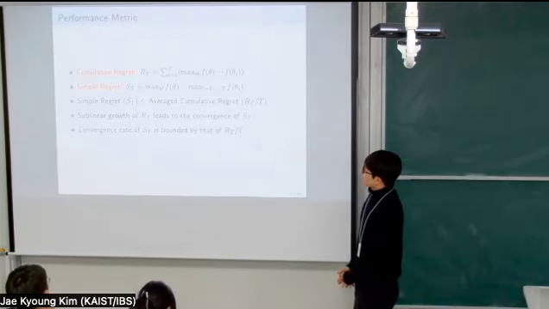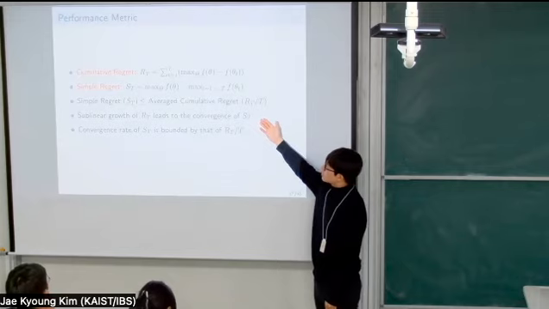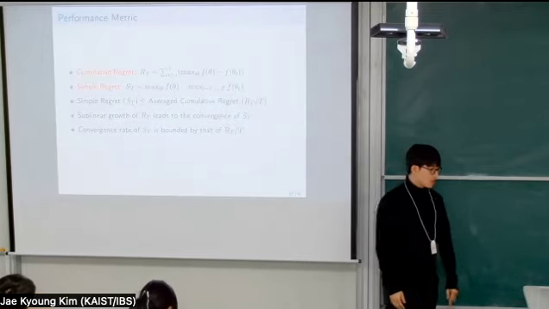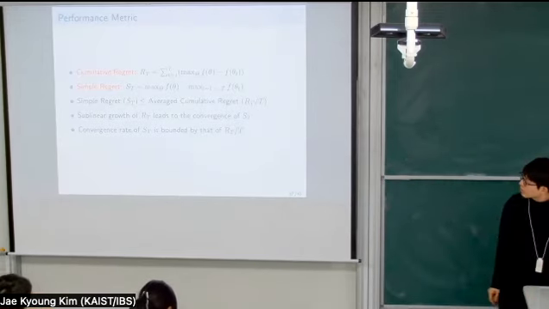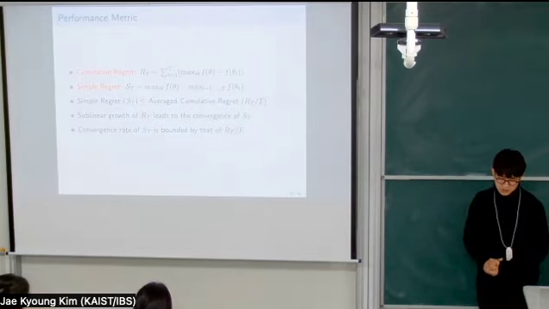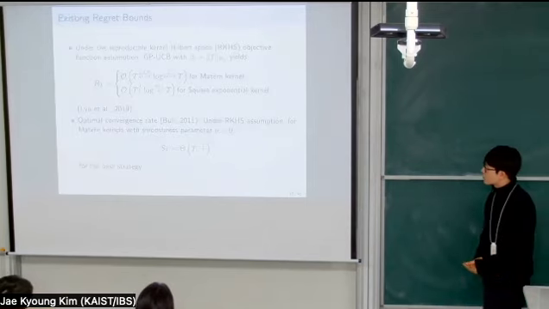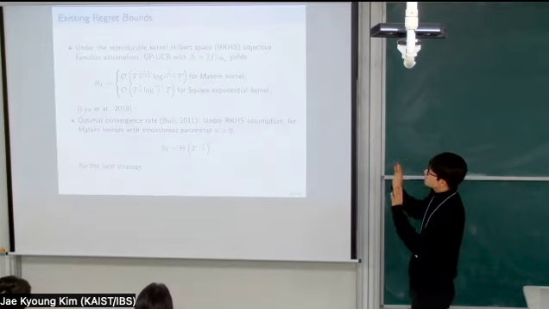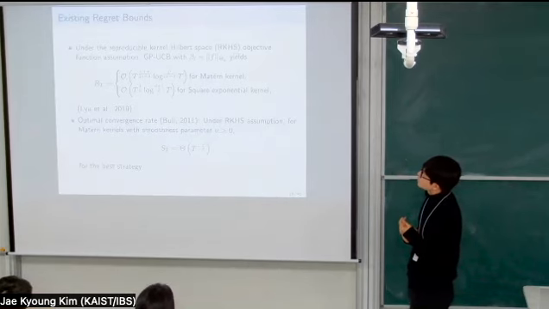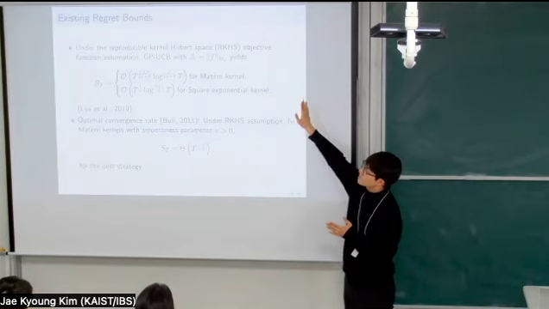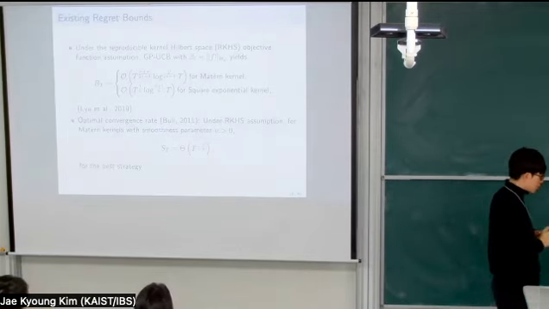So that's one way to establish it, and some other people directly tackle the simple regret convergence. Here are some existing results. Let me parse these a bit. You first need the reproducing kernel Hilbert space assumption.